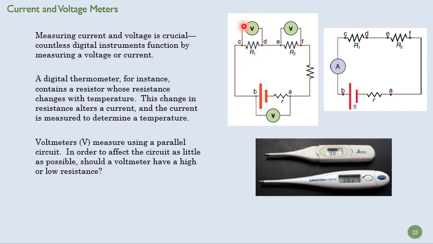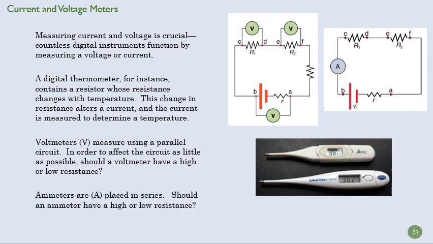Well, you don't want to affect the current, right? If this was a small resistance, what would happen to my current here? It would say, oh my God, I don't want to pass R1. Oh, here's this easier way. Whoop! And you'd basically be short-circuiting your load, and you'd destroy the purpose of your circuit. So what you do is you make a voltmeter with a really high resistance. So the electrons come along in here and they say, oh, I don't want to go that way, and they're just going to go my normal way through my load. And so that's why you want a voltmeter with a high resistance.